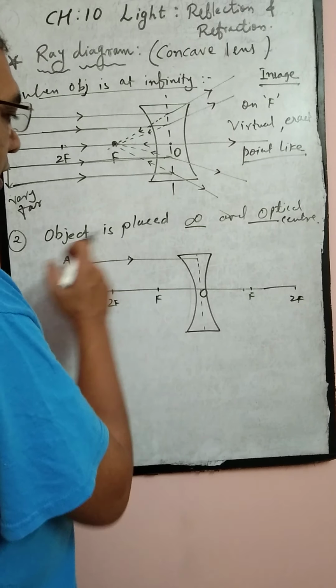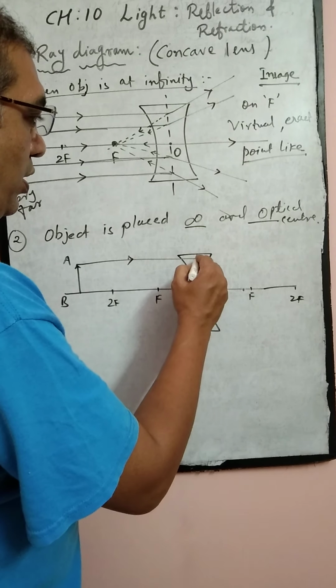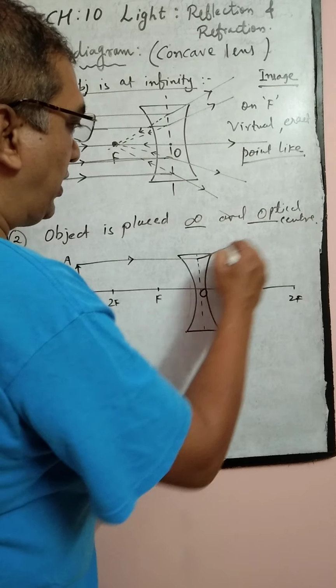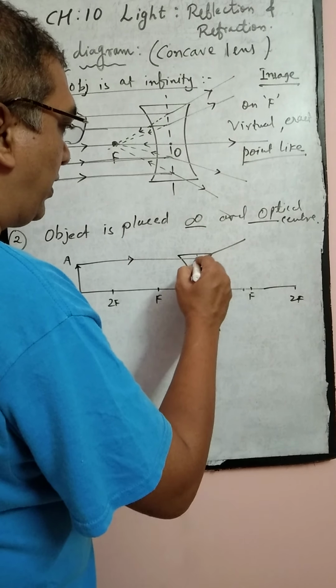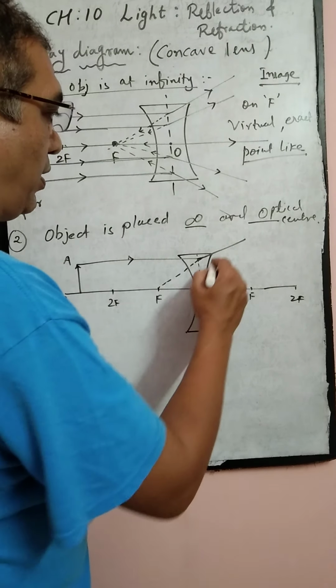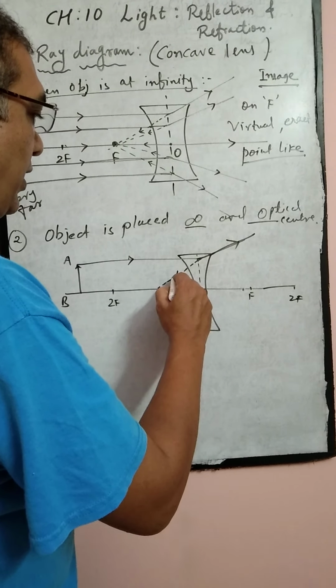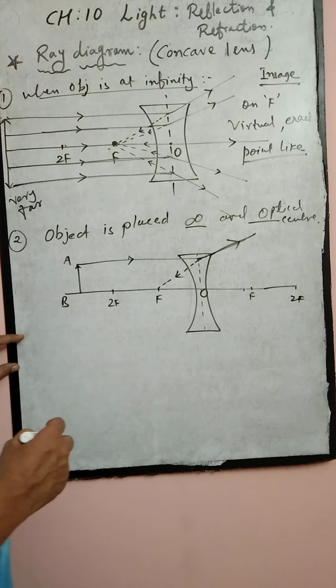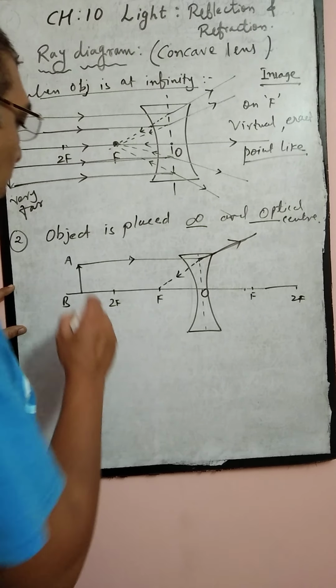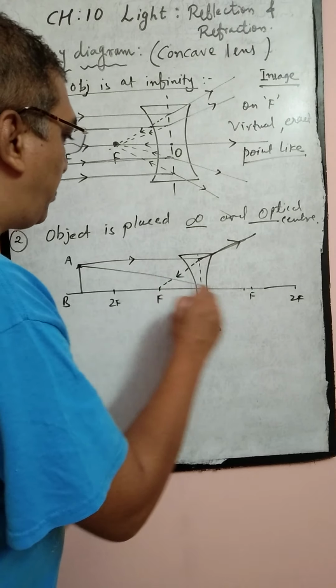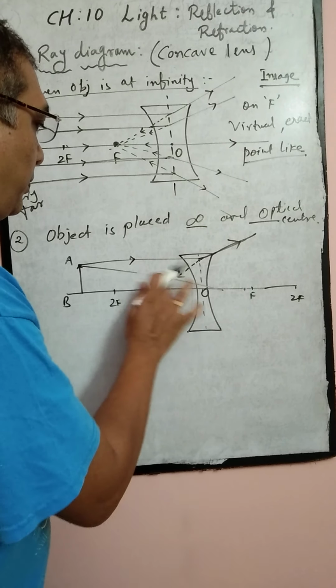The first incident ray is parallel to the principal axis as usual, which will diverge in this manner, and when we extend the ray we will meet at the focus point. This is the diverging ray, and this is the extended backward ray. Now the second ray is passing through the optical center.